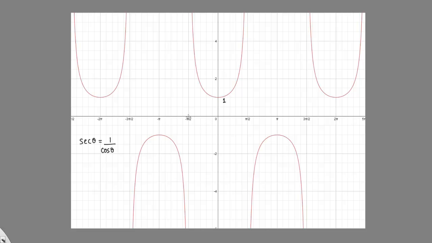And then at minus pi by 2 and pi by 2, cosine becomes 0. So secant theta approaches asymptotically to them, or it becomes infinite. So secant theta becomes extremely large close to pi by 2 and minus pi by 2. You can see this here and right here.